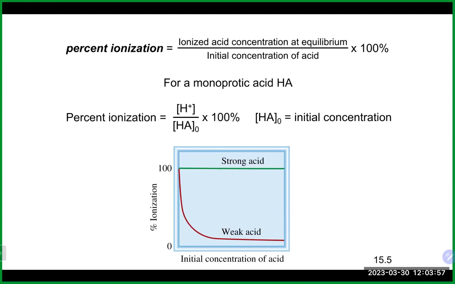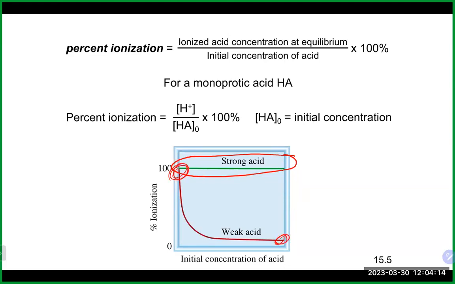In a strong acid, it is 100% ionized or dissociated, so it's going to completely break apart. In a weak acid, it's a little different. We have a lot more percent ionization here versus here.